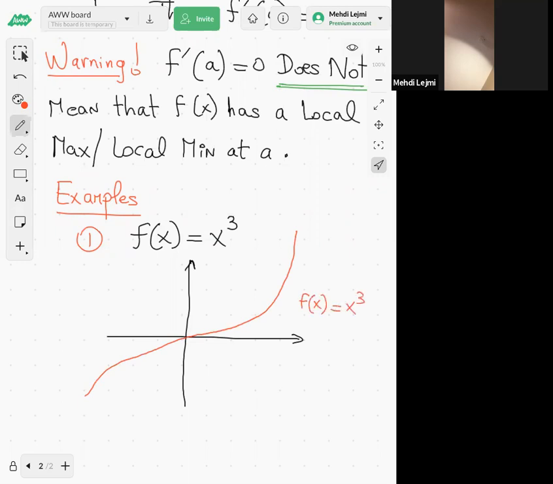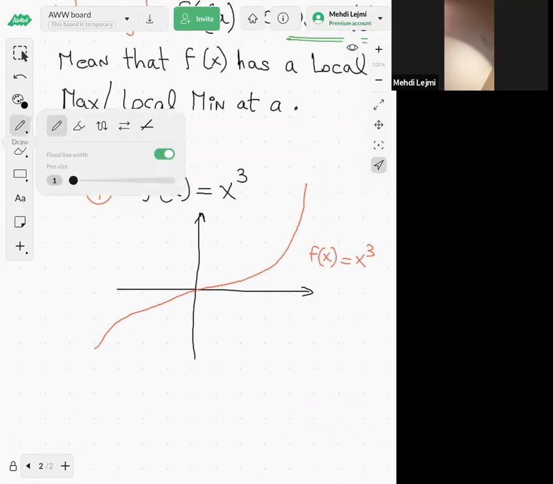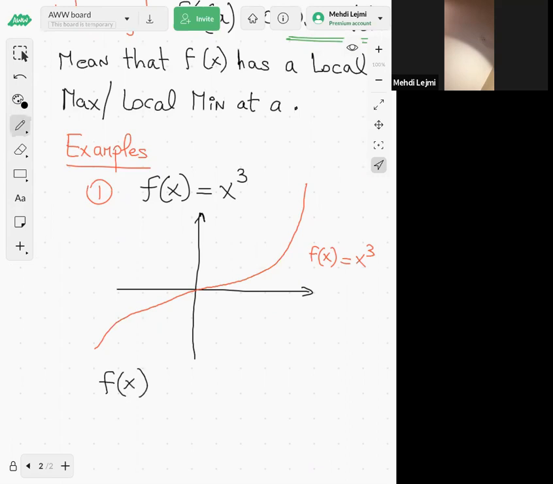Now, what's the derivative of x cubed? Well, f prime of x, you bring down the power and subtract 1 from the power, so that'll be 3x squared.